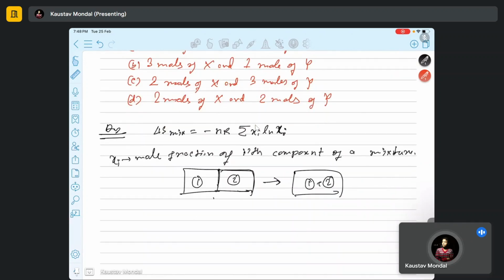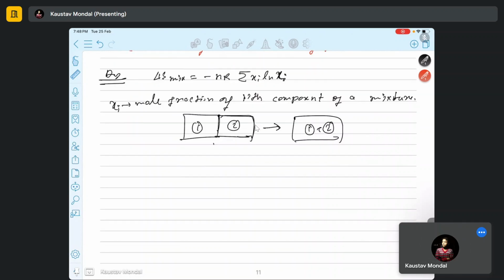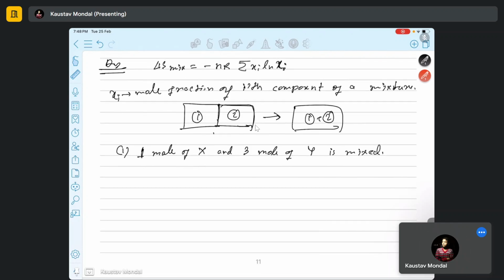For option 1, one mole of X and 3 moles of Y are mixed. In this case N1 is 1 and N2 is 3, so X1 will be 1 by 4 and X2 will be 3 by 4.